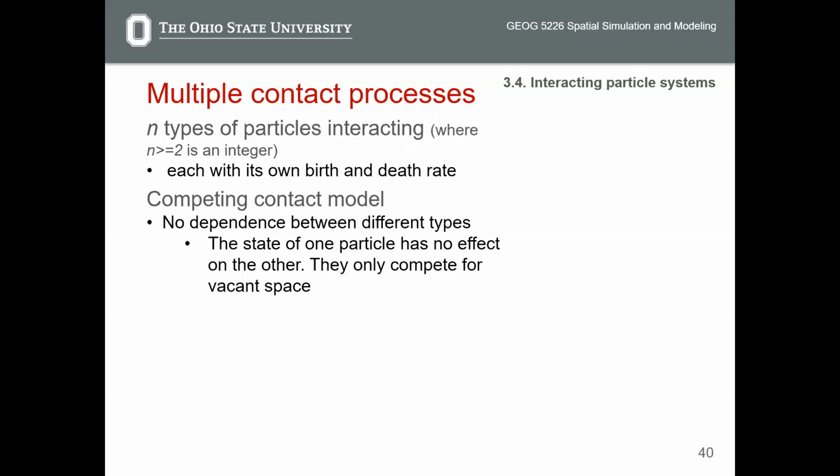So particle 1 and 2, they both compete for vacancy, for 0. They both can occupy a vacant cell, but they cannot fight each other. Okay, that's the meaning of only competing for vacant space. They do not compete with each other.